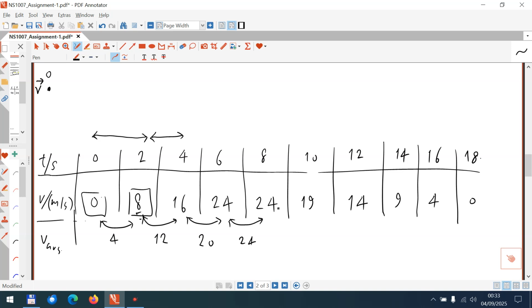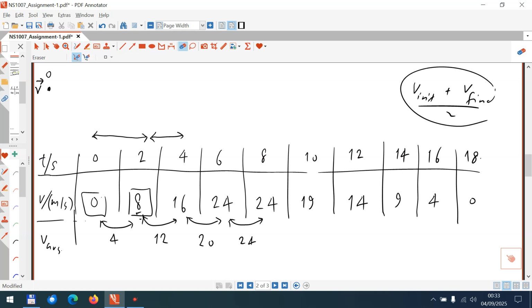And remember, this initial speed plus final speed divided by 2 is something we can do only because the acceleration is constant. And here the acceleration is 0. 0 is also constant. So when the acceleration is constant, whether it's 0 or not, you can safely use this formula. You must remember that you cannot use this formula if the acceleration is not constant. But that is something you will see later in chapters to follow.